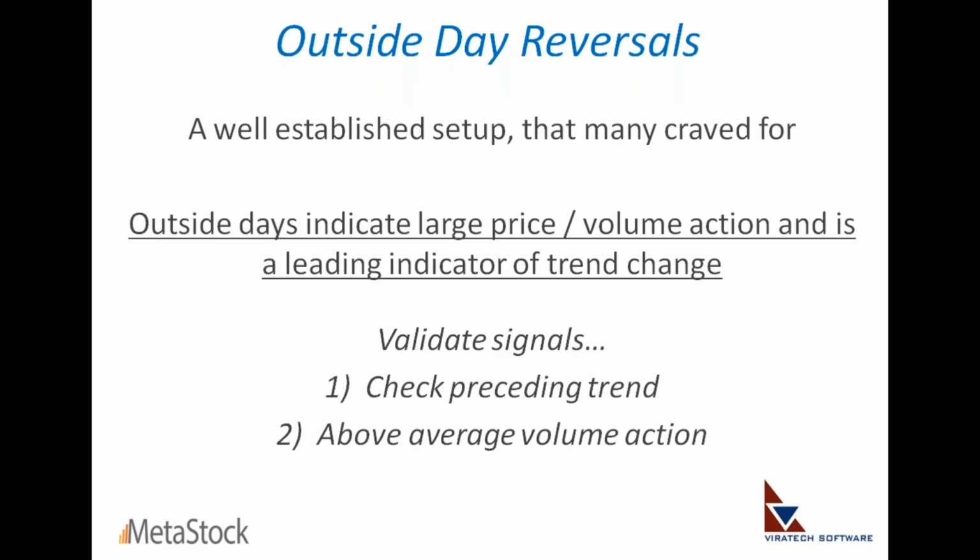So with the ATM 3.0, you're going to have a live power screener that's going to get you outside day reversals. Now, this means whether you use the end of day data or whether you use real-time data, it will scan for you automatically and point these opportunities to you where you have outside day reversals.